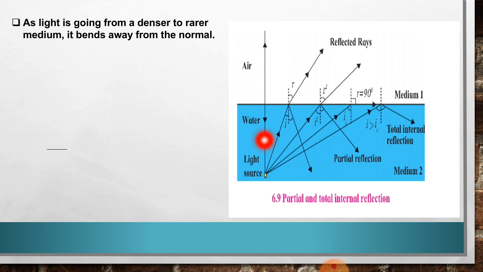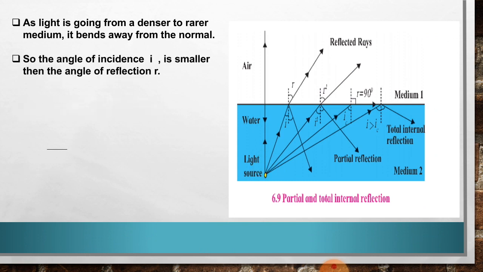Now as light goes from a denser medium to the rarer medium, it bends away from the normal. This we have seen. So the angle of incidence, I, is smaller than the angle of refraction.